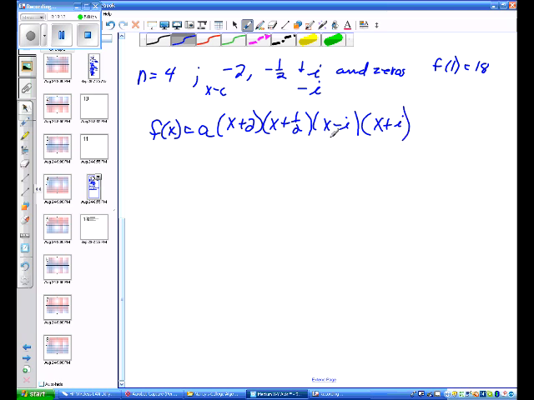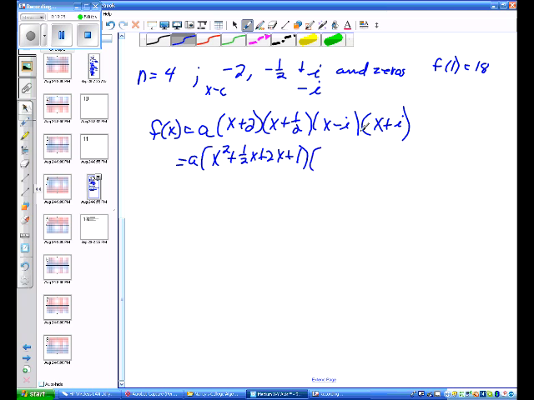Now we're going to go through and multiply this out. If we multiply these first two, we've got x squared plus 1/2 x plus 2x plus 1, just doing your distributive property.